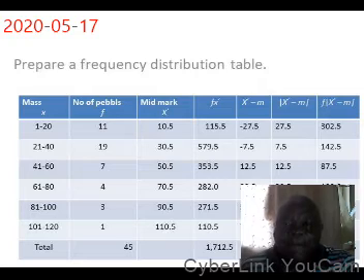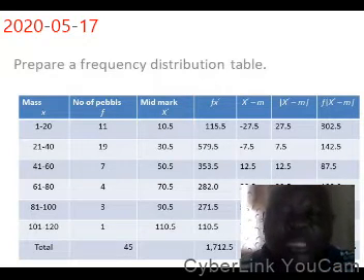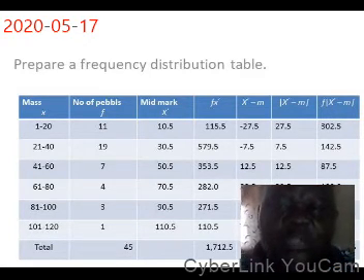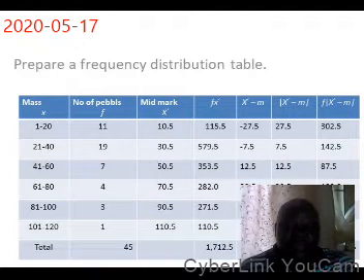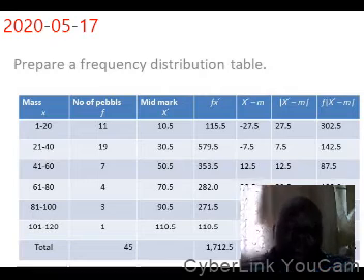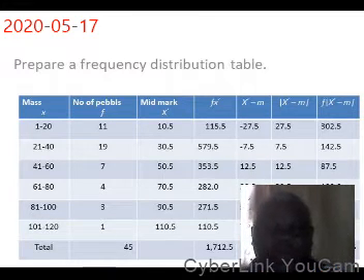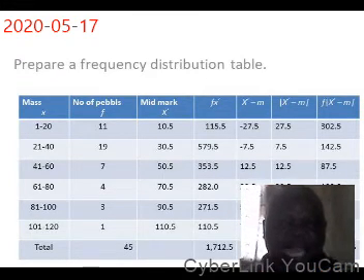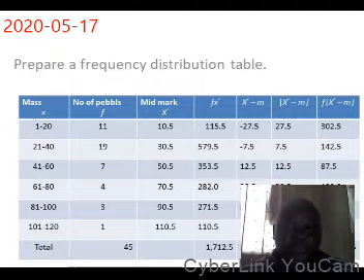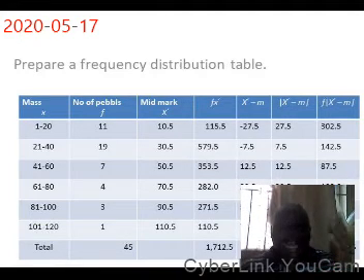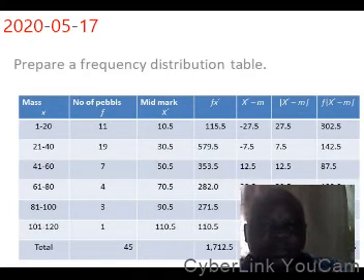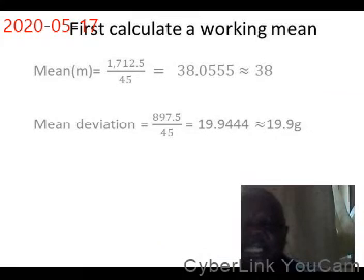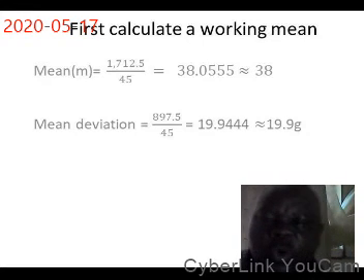Then we have the absolute value of the deviation. That is minus 27.5. The absolute value is what? 27.5. Minus 7.5, absolute value 7.5. 12.5, absolute value 12.5, and so on and so forth. Then again, we have f multiplied by the absolute value of the deviation. Having said that, the mean deviation is what?